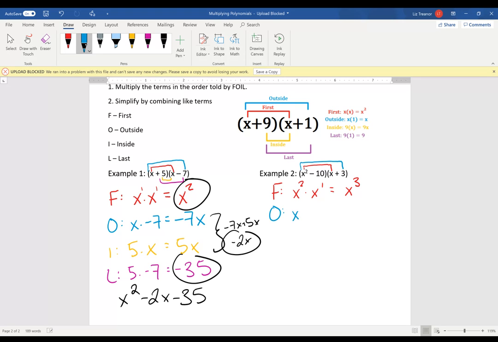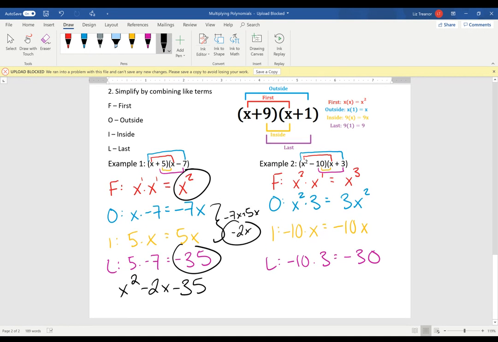So that's going to be x squared times 3, and we're going to get 3x squared. Inside, we got negative 10 times x, which is just negative 10x. And last, we get negative 10 times 3, which is negative 30.